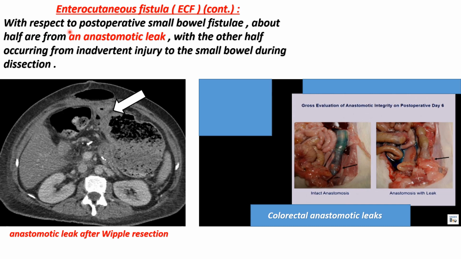With respect to post-operative small bowel fistula, about half are from an anastomotic leak, with the other half occurring from inadvertent injury to the small bowel during dissection. We are seeing here a case of anastomotic leak after Whipple operation, and cases of anastomotic leaks after colorectal operation.